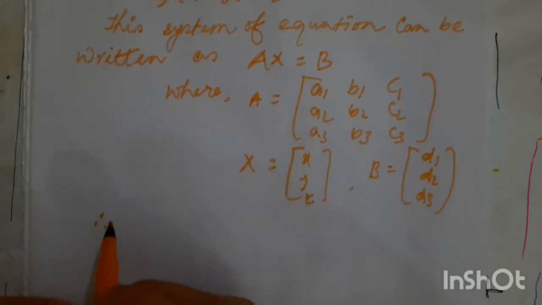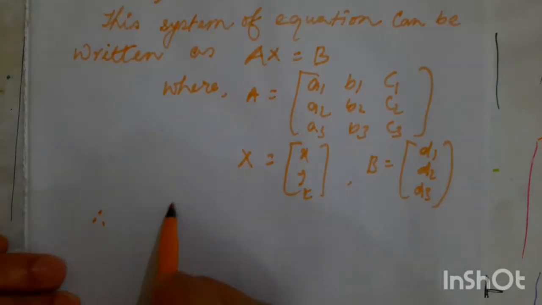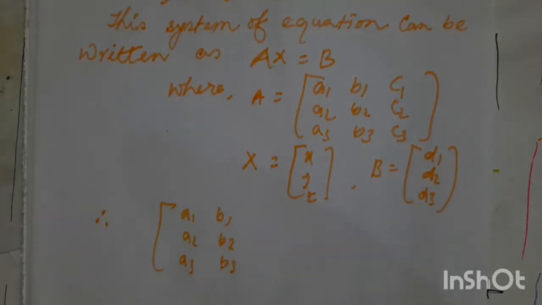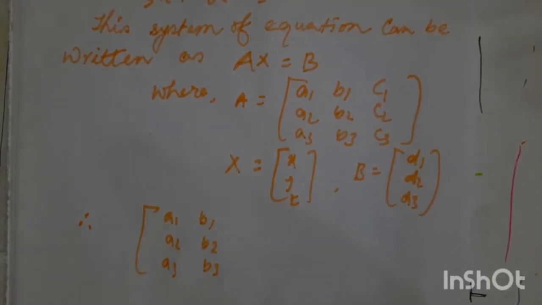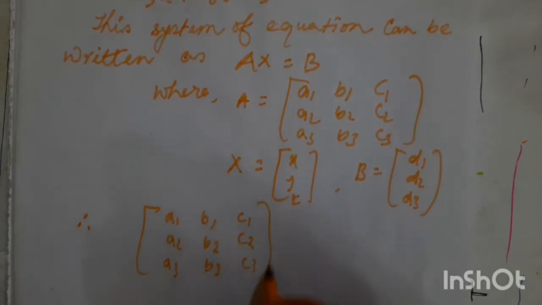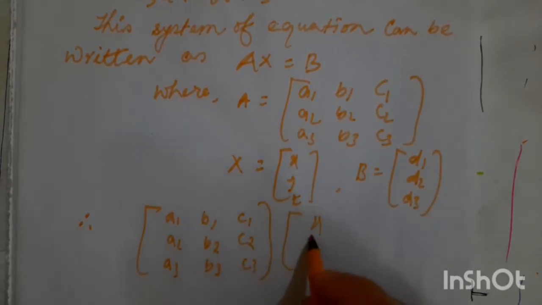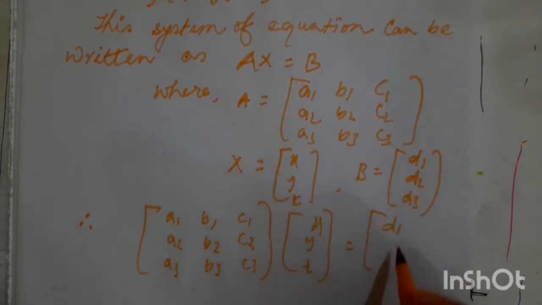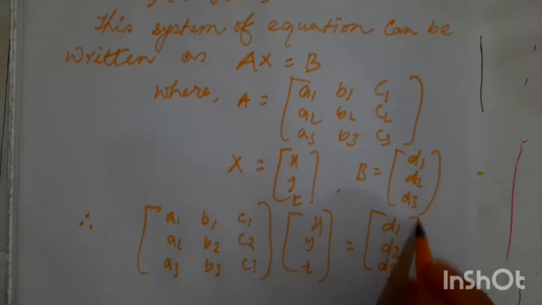Therefore, now in place of A we will put this matrix, a1, b1, c1, a2, b2, c2, a3, b3, c3, in place of X, x, y, z, and d1, d2, d3.